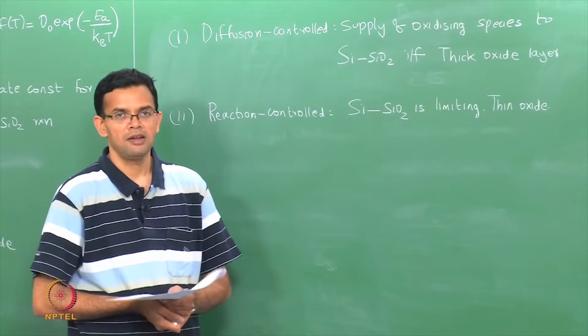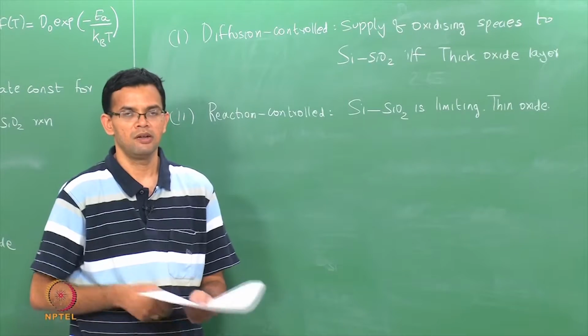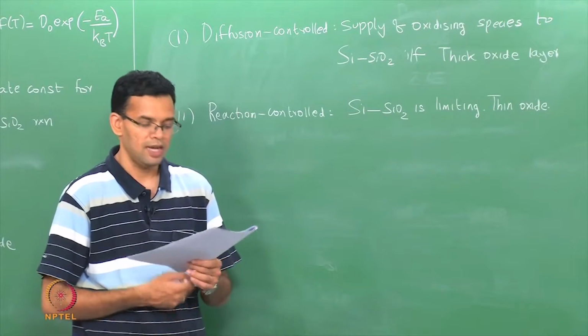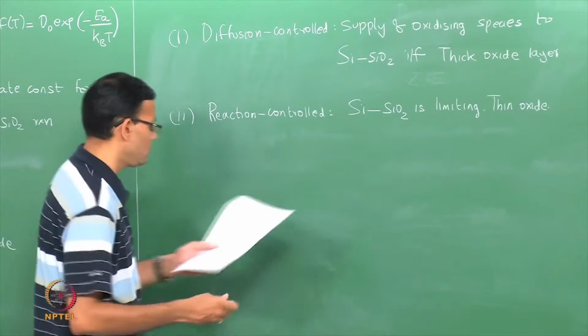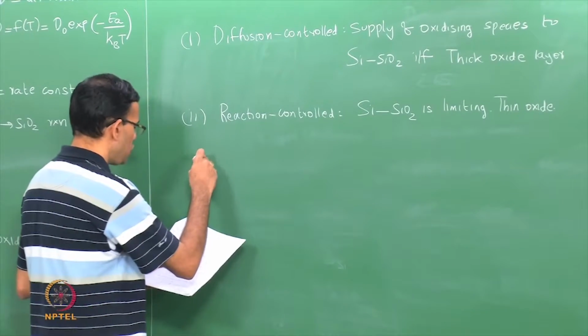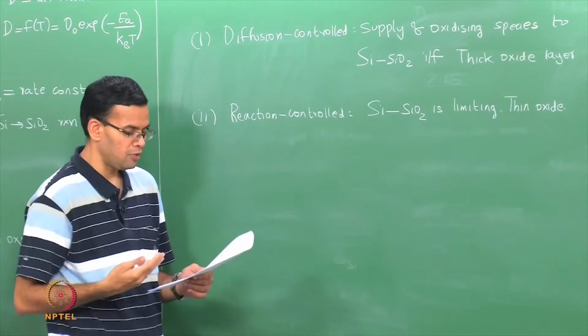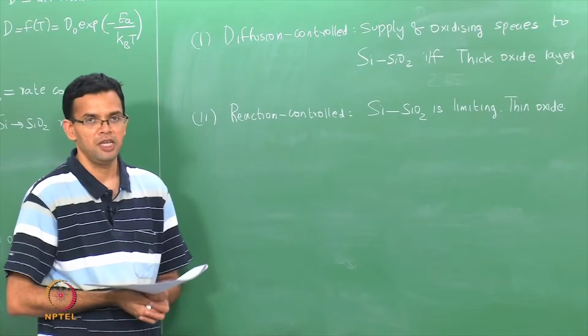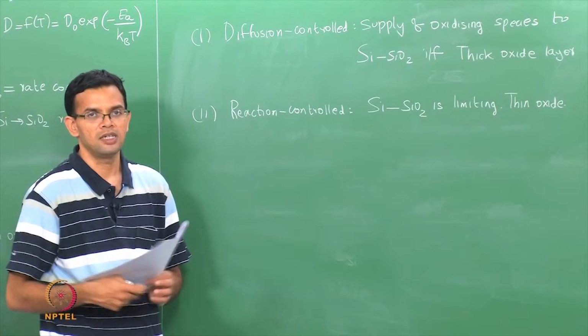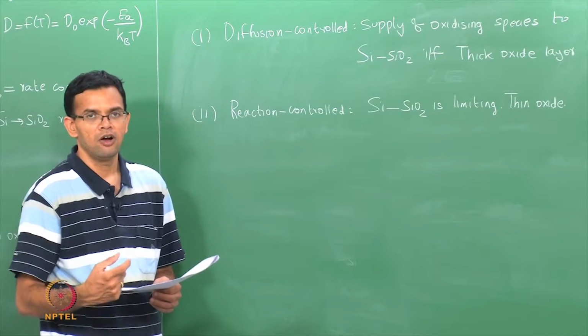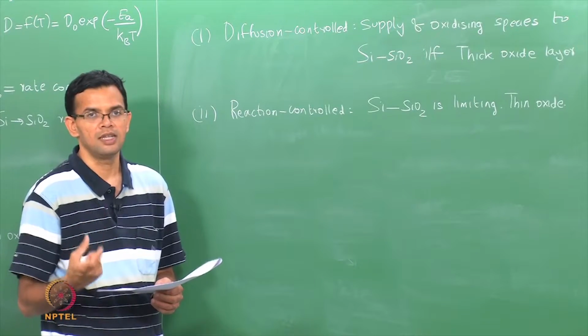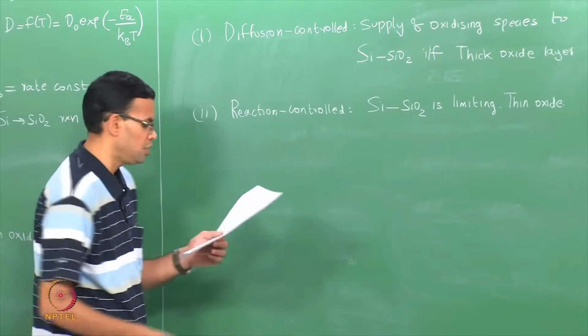So, we can actually write a general equation that relates the thickness of the oxide layer to the time. So, this is obtained by solving for F1 equal to F2 equal to F3. The assumption is there is a starting oxide layer of a certain thickness on the silicon before we start oxidation.